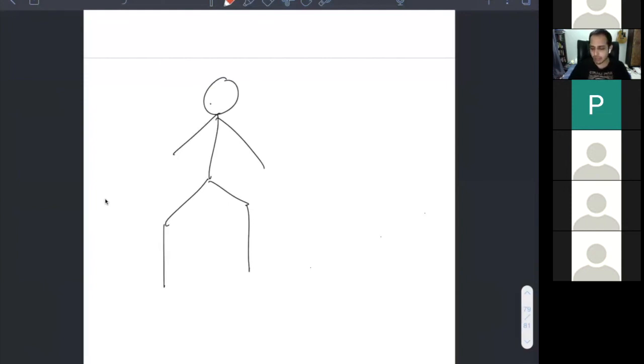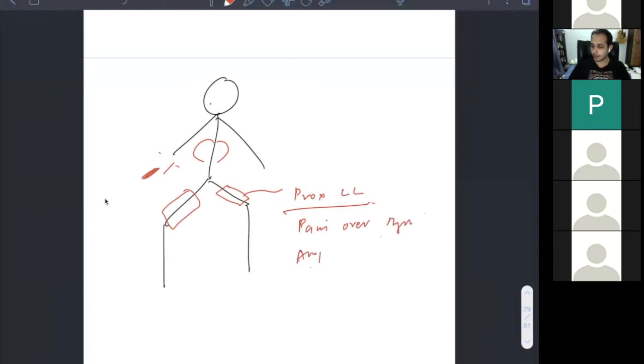So you can have a distal sensory, you can have a motor, you can have a sensory motor, you can have thoracic radiculopathy, or you can have amyotrophy. So amyotrophy is basically when your proximal lower limbs are involved and you have pain over thighs, pain and atrophy, and it is basically because of your proximal nerve involvement.